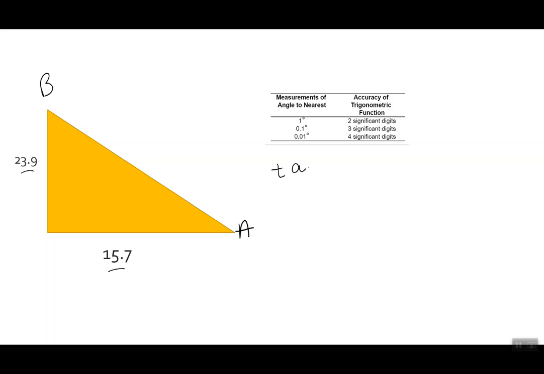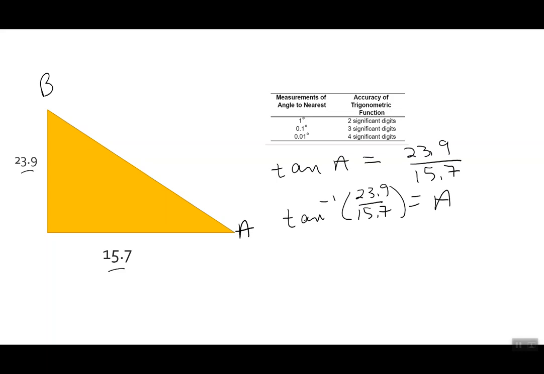This says the tangent of A would be the opposite, 23.9, over the adjacent, 15.7. Then use the tan inverse function of 23.9 over 15.7. That's going to give me A. When I go to get A, I'm going to have 3 significant digits from my ratios, so that says when I go backwards, I should have one decimal place when I tell you what the degree is.